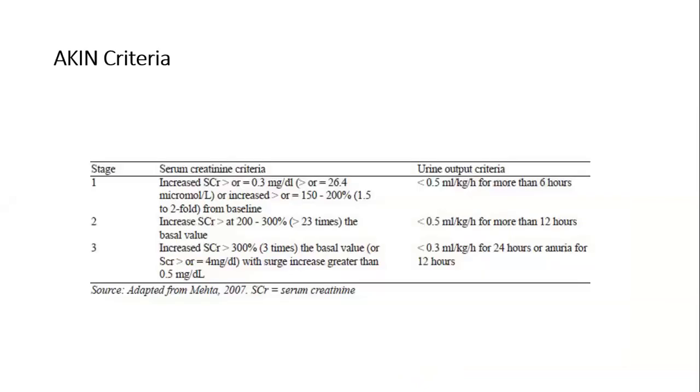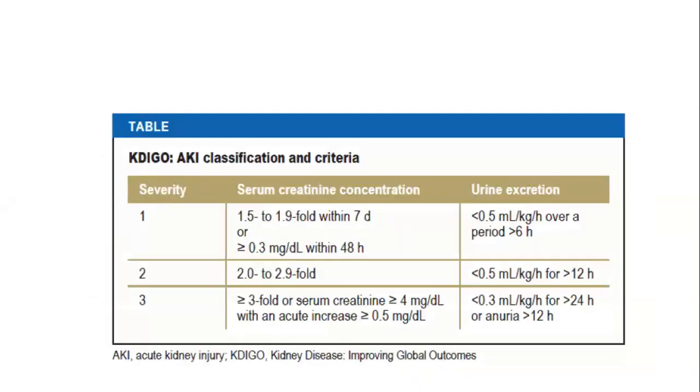If you look at AKIN, it is the same. It's just 1.5 to 2, 2 to 3, and more than 3. So there's an overlap, like if you say 2 or more than 2, it's going to be KDIGO stage 2.